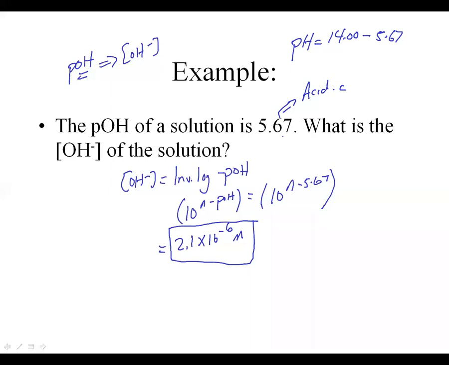There we go. It would be basic, is what I was trying to say. And it is because we take 14 minus 5.7, we get a pH of 8.33, which is basic. It didn't ask for that, but again, it is basic. I think what I was thinking is, again, if you see this number, that's not the pH, that's the pOH.